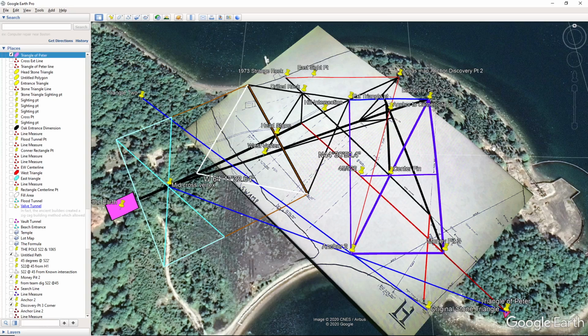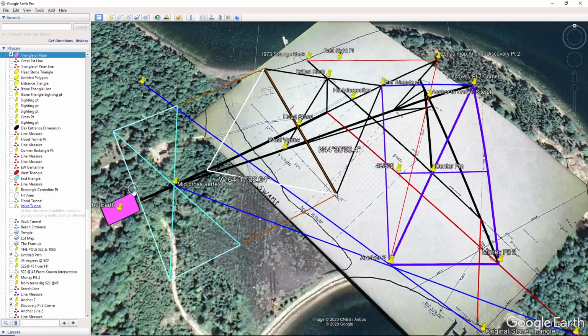So let's start off here with some of the hard data that we know. If you look at this, these black lines are all on Fred Nolan's map, and they are connected to known data points that Fred Nolan has made, or they're connected to a landmark that is already established on Oak Island.